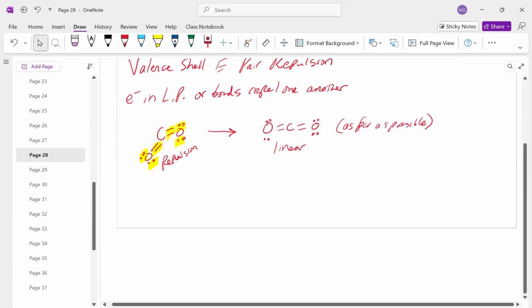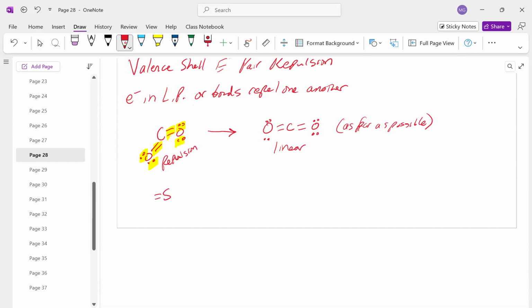Now, lone pairs will do this as well. So let's take sulfur dioxide as an example. Okay, so now I have a lone pair here. It does not like to be close to those bonds.